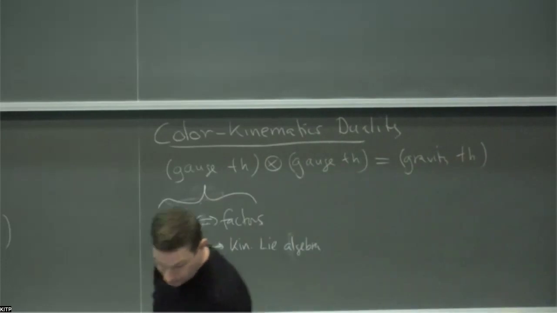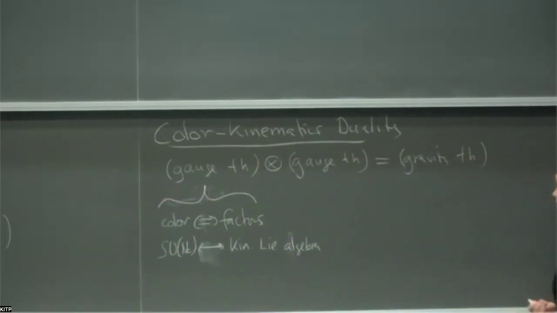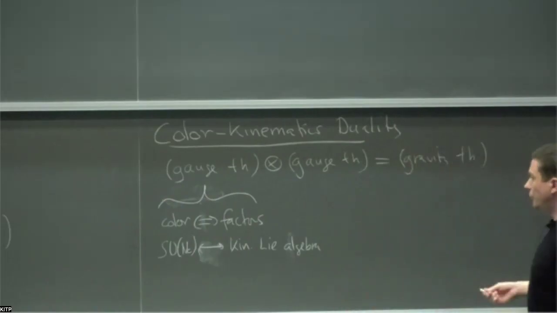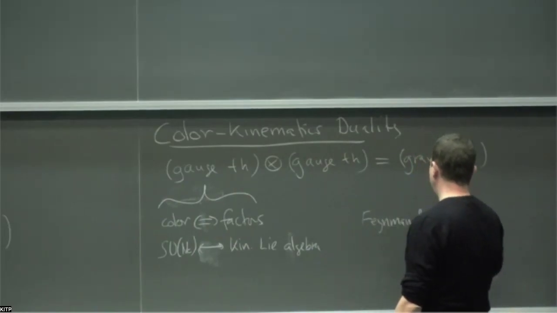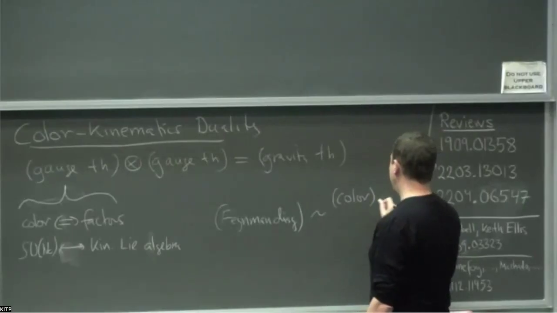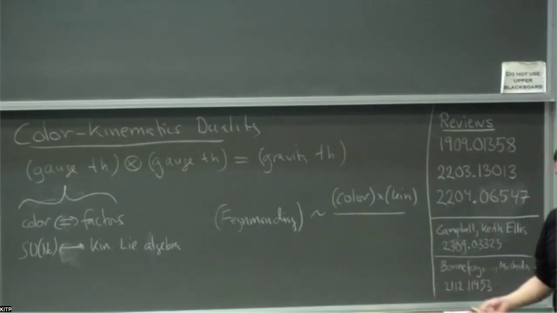Okay, and you might wonder, well, what does it actually mean? Well, it means that we're going to describe our amplitudes as some kind of Feynman diagram. Some Feynman diagram that we're going to write as having some color factor and some kinematic factor. And then we're going to separate out the propagator, so we're going to treat them differently.